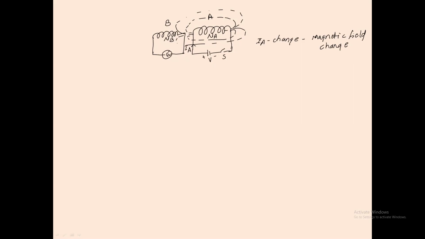It means that some part of the flux produced by coil A links with coil B, and if this flux is changing, can I say that when the changing magnetic field links with coil B, EMF is also induced in coil B, and this induced EMF is known as what? Mutual induced EMF.